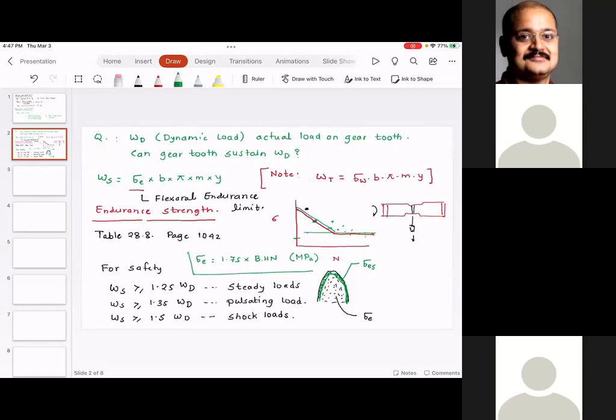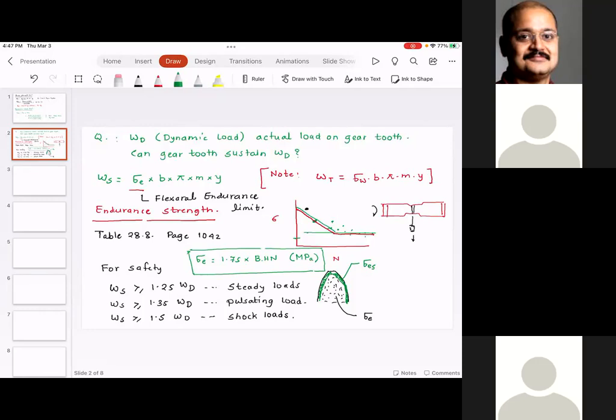So many times the design problem can be something like this. They give you the material and you have to find out the appropriate dimensions. Sometimes everything is unknown. So you don't know the dimensions, you don't know the material.